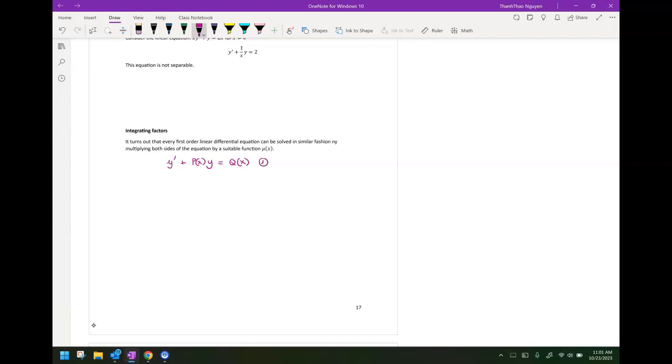If I multiply both sides of this equation by the integrating factor mu of x, I make this equation 2.